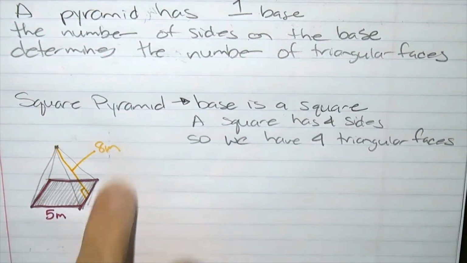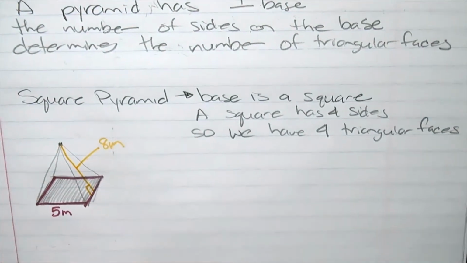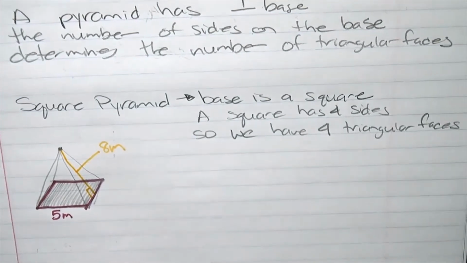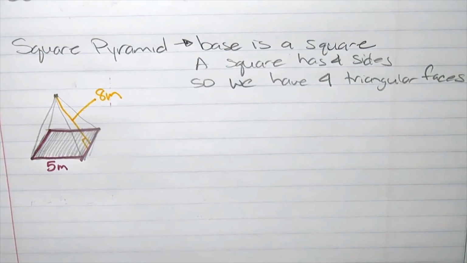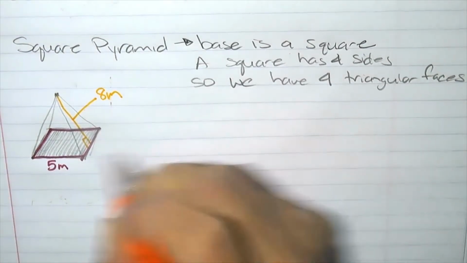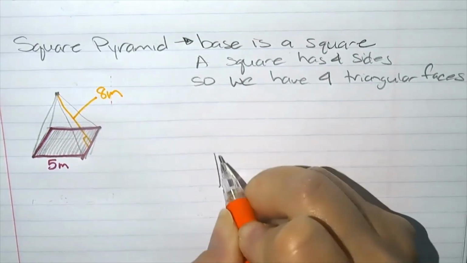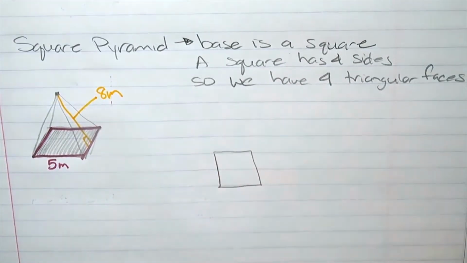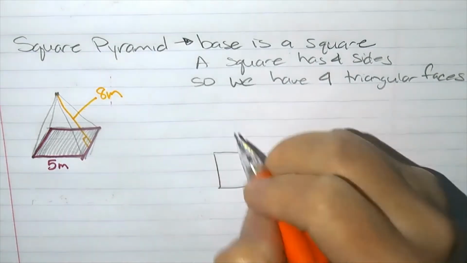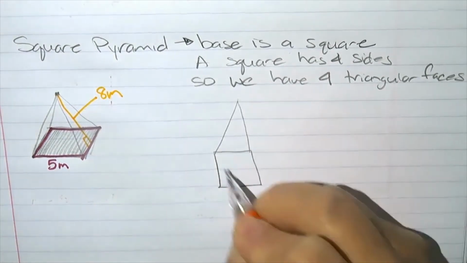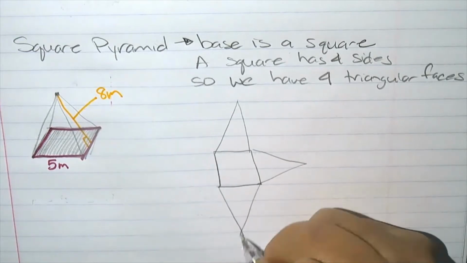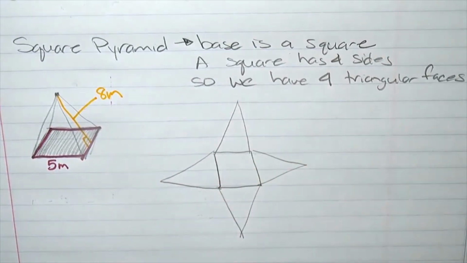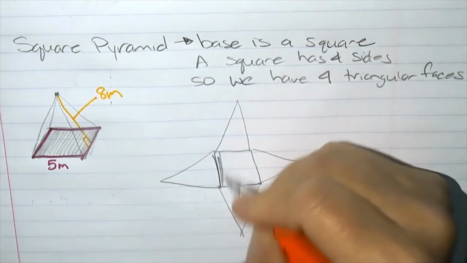Now, when I look at it like this, it's very hard to see. I like to unfold it. So I can see that I have a square base. And because I have a square base, I have 4 edges. Therefore, I have 4 triangular faces. This is the base.